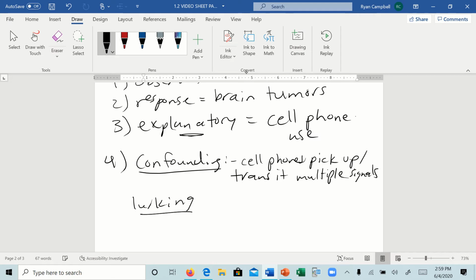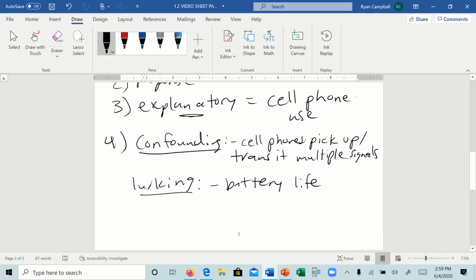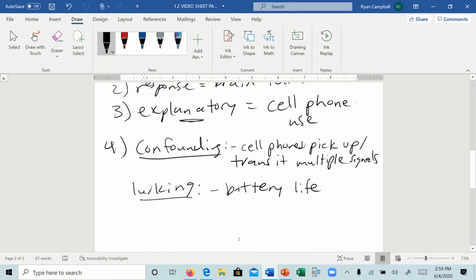For lurking variables, I was thinking maybe something with battery life, right? Maybe if you have a cell phone that's charged more often, or that has a higher charge more often, right? That could maybe be causing brain tumors. Or if you just have one that's pretty much dead all the time, or really close to being dead, maybe that would affect things. Also, maybe people who hold cell phones up to their ear versus using headphones.